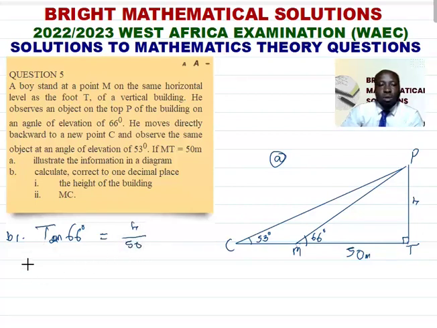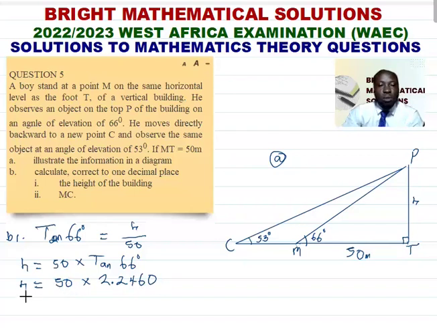So if we cross multiply, h equals 50 multiplied by tan 66 degrees. So if you press your calculator or you use your four-figure table or mathematical table, whichever you call it, multiply. So tan 66 gives me 2.2460.